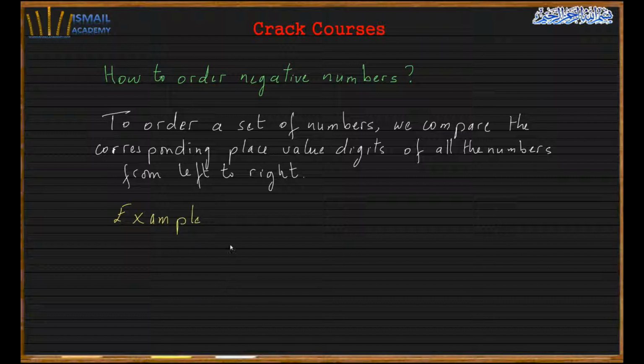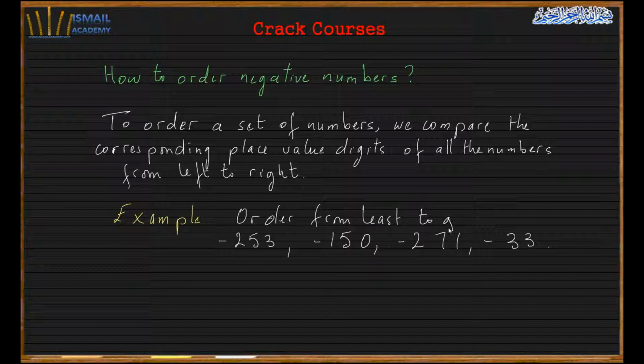Suppose I want to order minus 253, minus 150, minus 271. Let me put the direction: order from least to greatest.